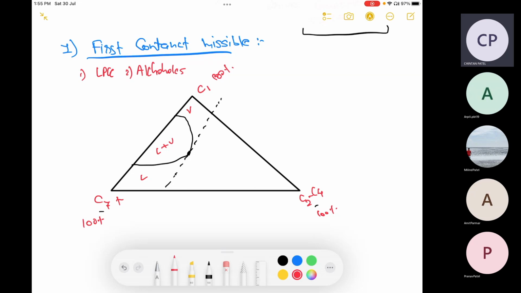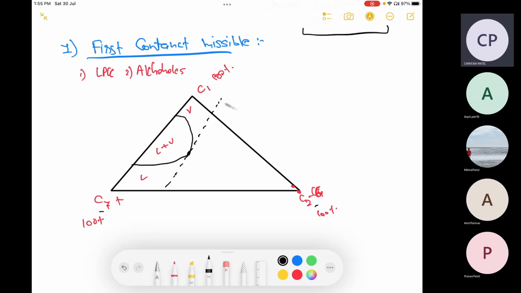Near C2 and C4, nearby this zone. So suppose this is my LPG.